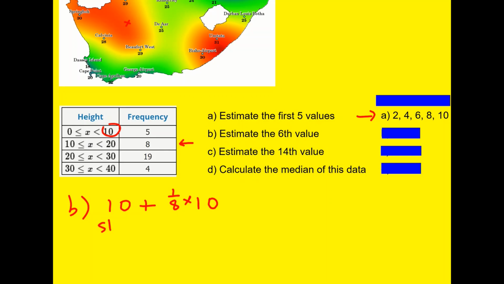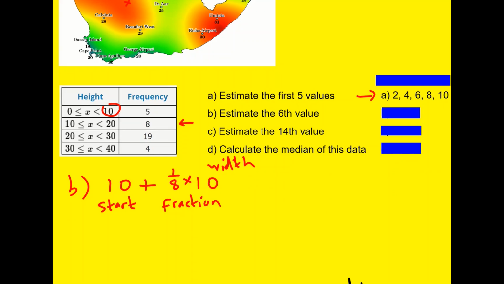So this is your start, this is your fraction, and this is your group width. And that will be the case for all of our linear interpolation examples once we've worked out the fraction that we're going in. And so 1/8 of 10 is 1.25, so we're going to get 11.25 here.